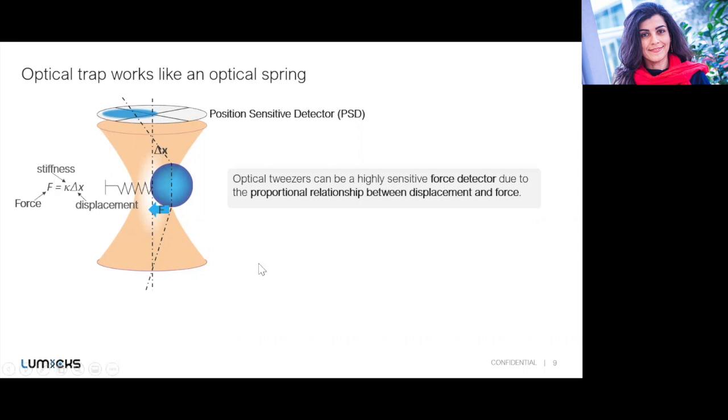So in this way, optical trapping can be used to measure very small forces and small displacements. And we're talking here about piconewton forces and nanometer displacements. Or, for example, optical tweezers can be used as a manipulating device to move the objects in different directions.